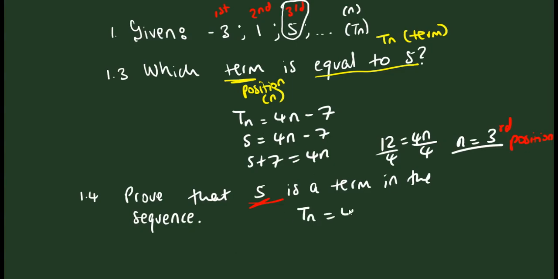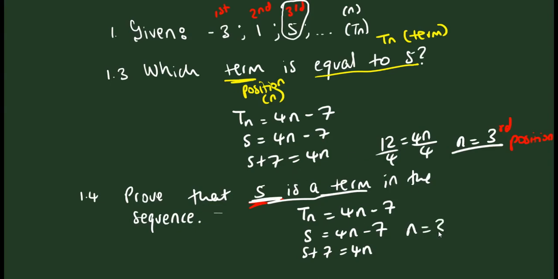You're going to say Tn = 4n - 7. What am I given? I'm given 5 as a term. They said prove that 5 is a term, so they gave me Tn. So I'm just going to write 5 = 4n - 7. Then I do the same thing. 5 + 7 = 4n. Therefore, remember, it's the same as this one. Your n will still be equal to 3.